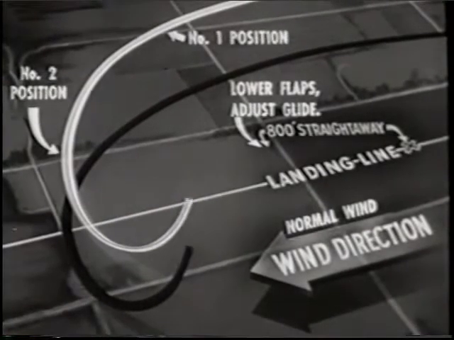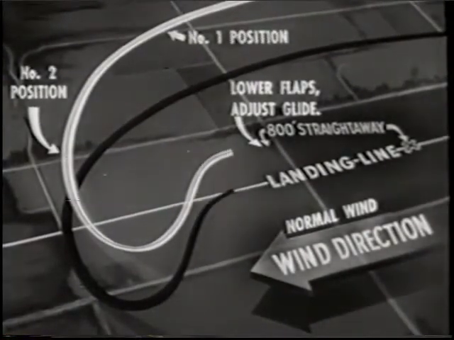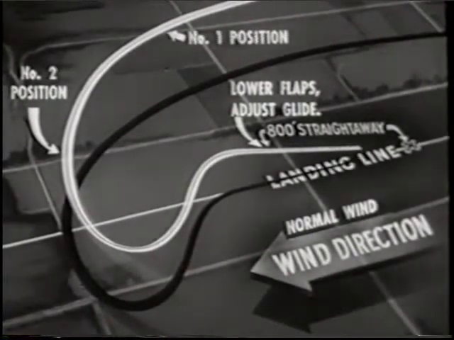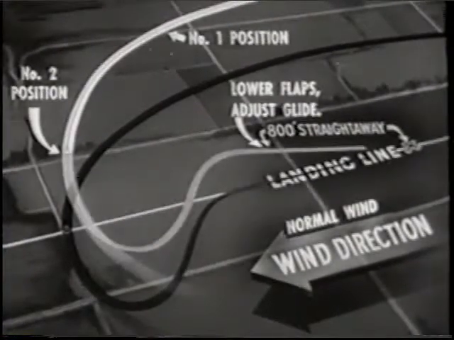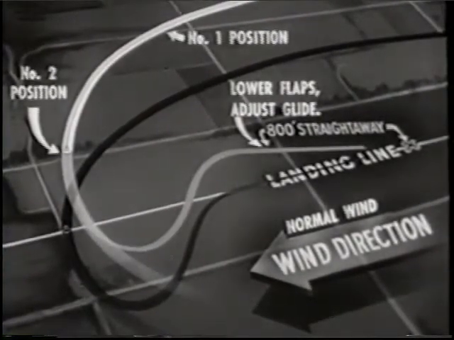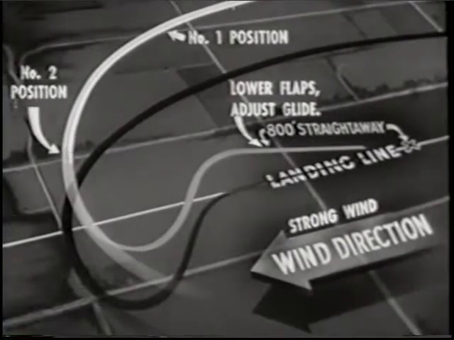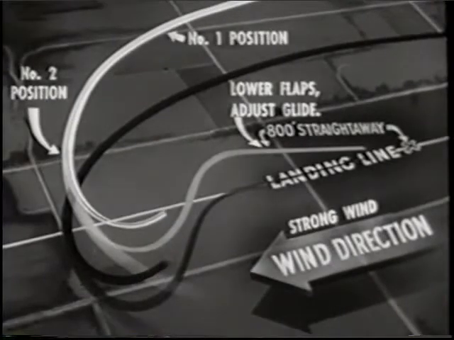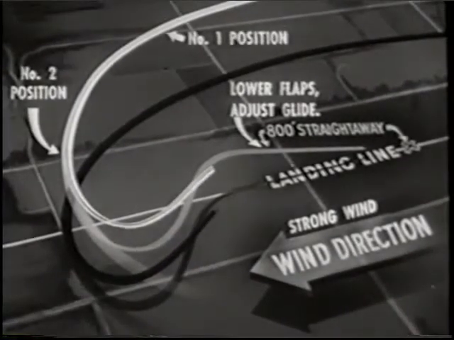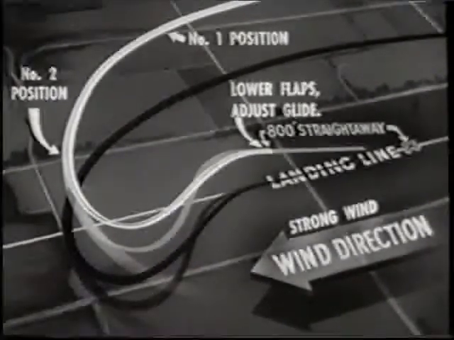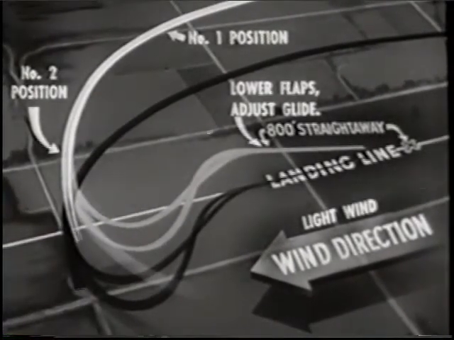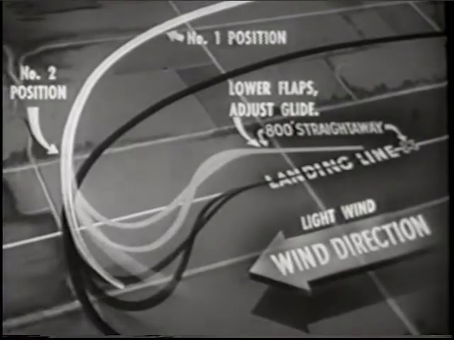In the straightaway, full flaps are lowered and an 80-knot glide established and maintained until breaking the glide for landing. From the number 2 position also, you must take into account the effect of the prevailing wind condition. In a strong wind, your initial turn is steeper, with a minimum of crosswind gliding. In light or no wind, your initial turn is shallower, with a maximum crosswind glide.